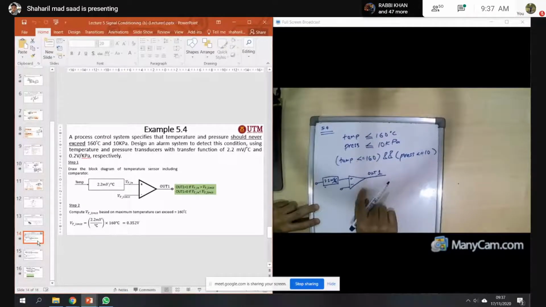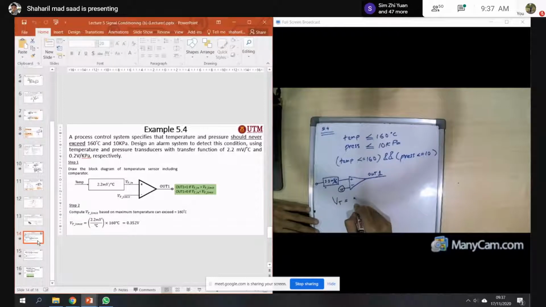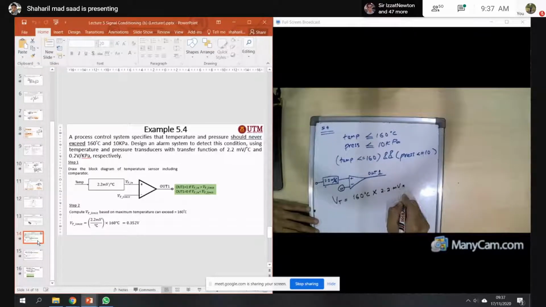Now the question is what will be the V reference here. Let's say I put VT here, which is equal to 160 degrees times 2.2 millivolt per degree.